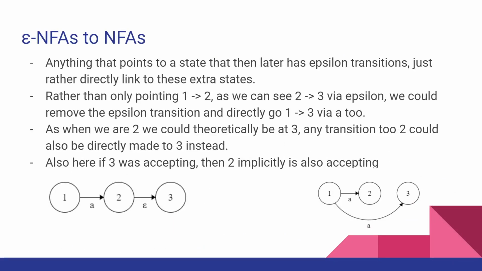So the first way we convert an ENFA to an NFA is like this. This is the first one we have to do. Anything that points to a state that then later has an epsilon transition, we rather directly link to the extra state.